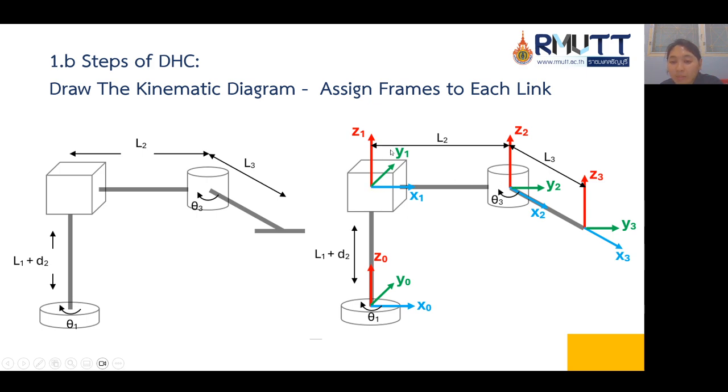And this one, we have L2. This is the distance between the x2 and x1, and this is L3. This is the distance between x3 and x2. We can see later for the detail in the DH parameter table.